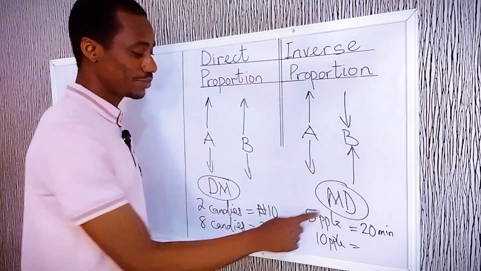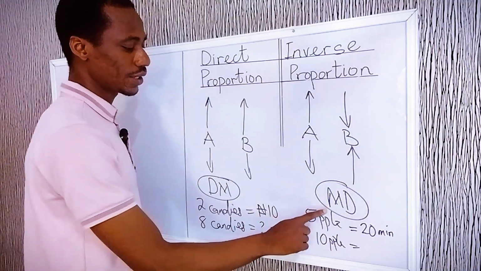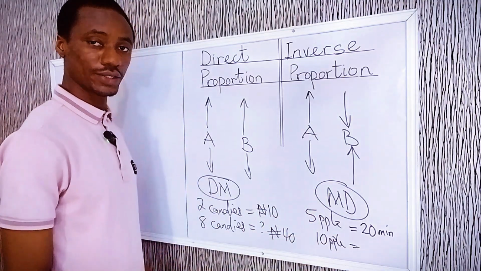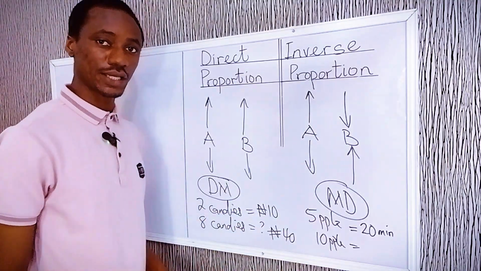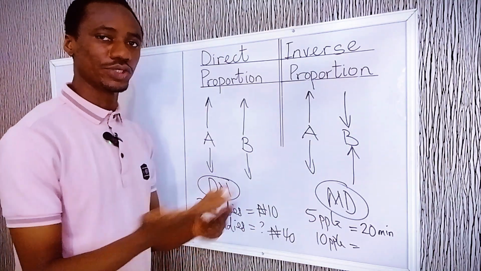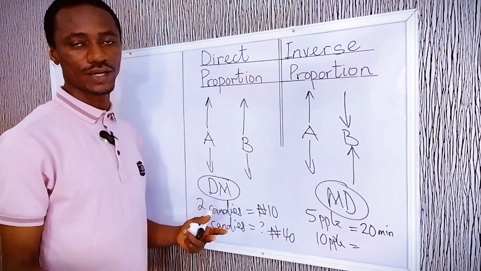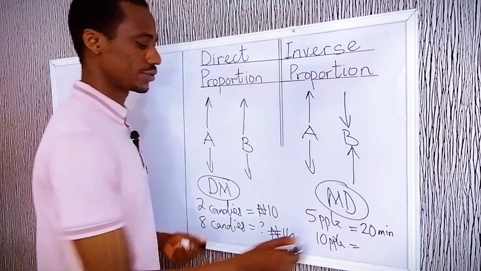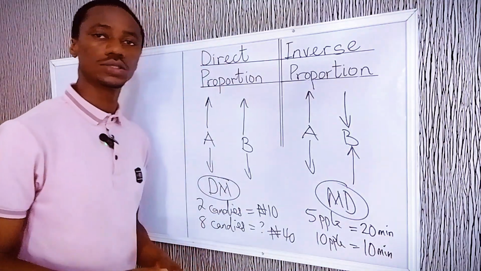We do MD. So we multiply 5 times 20, that's for 1 person. One person will spend 5 times 20 minutes, and that's 100 minutes. And then we share the 100 minutes among the 10 people. 100 divided by 10 will be 10. So that means 10 people will spend 10 minutes on the job.